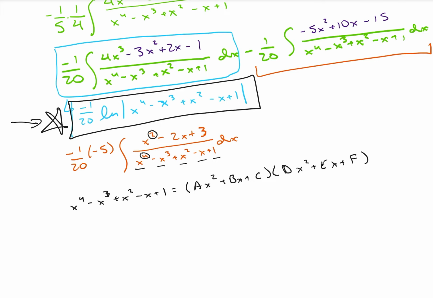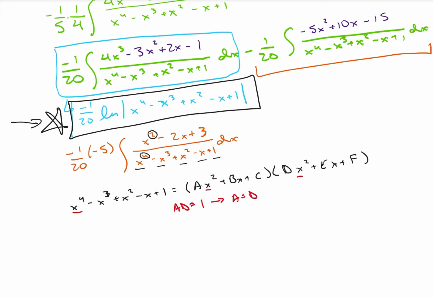And then because of the symmetry, I notice that a times d is going to equal 1 because of my x to the fourth terms. And because of symmetry, I'm going to assume now that a is going to equal d. And that may or may not work out for me, but I'm going to make that assumption.